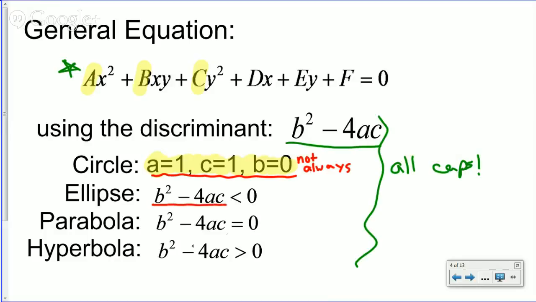For a parabola, it's equal to 0. And for a hyperbola, it is greater than 0. Now, with the quadratic formula, these mean different things, but you have to understand that these three letters go with different variables. Okay, so just keep this handy here for our next examples.